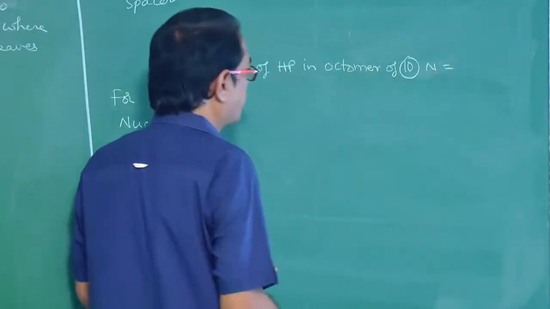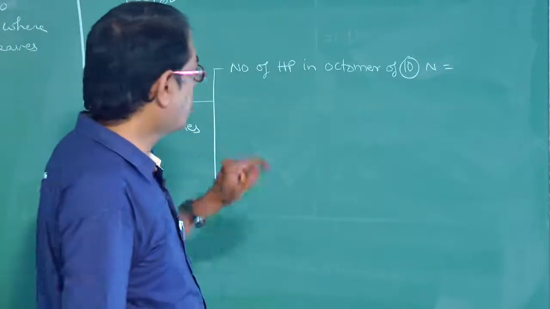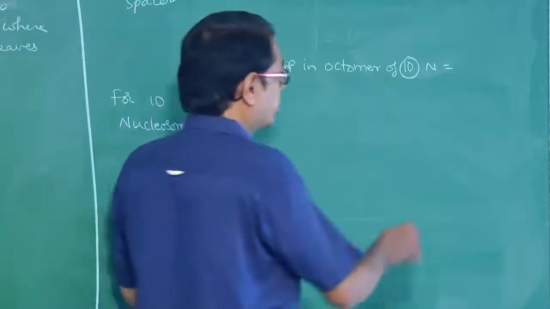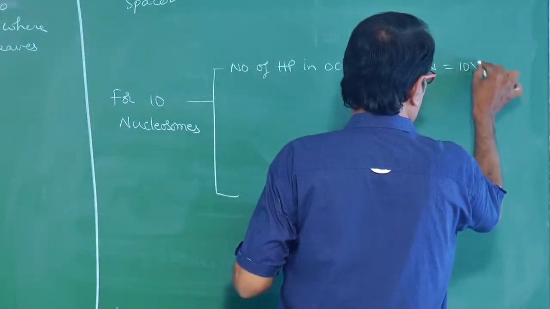Ten nucleosomes means ten octamers, that means 10 into 8.